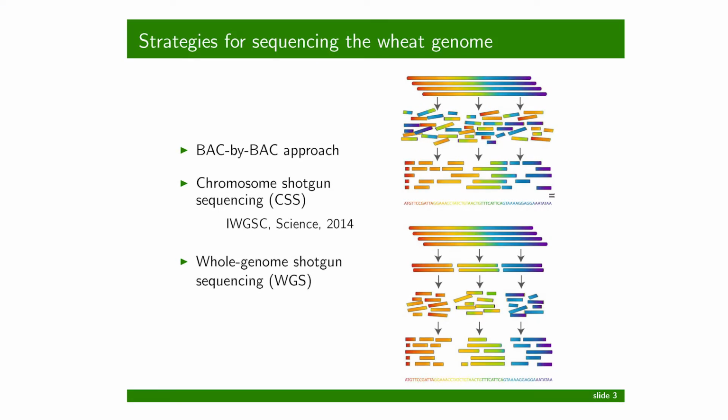Because of this large complexity of the genome, it was long thought that you need a BAC-by-BAC approach, so hierarchical shotgun sequencing, and this was the approach followed by the International Wheat Genome Sequencing Consortium for 10 years. To speed up the process, in the meantime, the consortium IWGSC created a chromosome shotgun sequence where they sorted individual chromosomes and assembled them from shotgun reads, and this was published in Science in 2014.